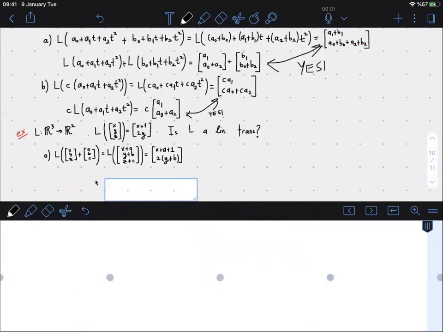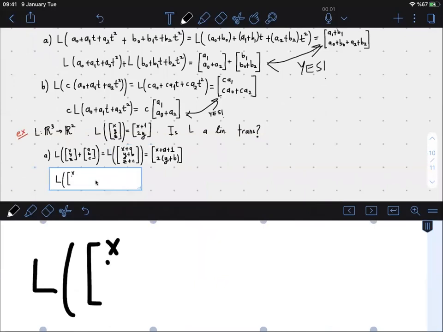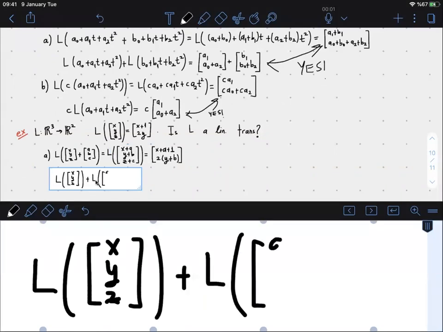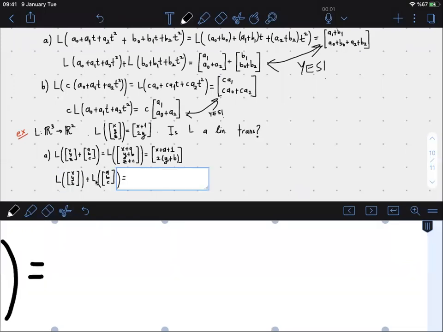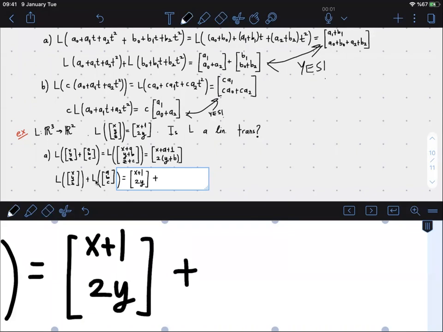Okay, now let's apply it separately. So let's first compute L of x, y, z, and then add it to L of a, b, c. So what will it give us? It will give us x plus 1 and 2y, plus what is LABC?